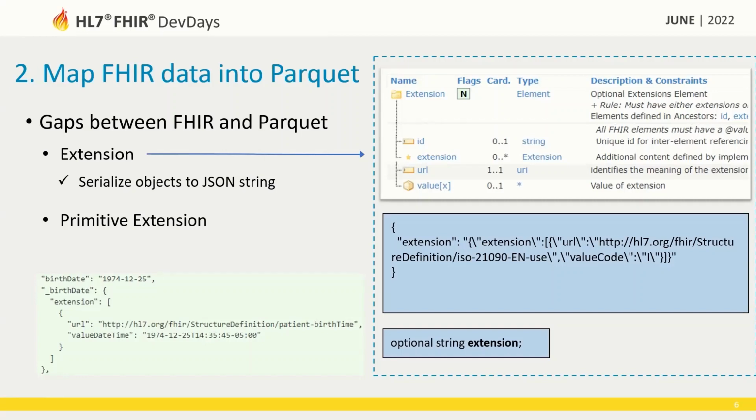If you create schema for them, the whole schema size could double or even triple, because every single primitive value has the primitive extension in terms of the FHIR definition. The appropriate way is to omit them in the Parquet schema, and find a special way to handle them if you really need those fields.